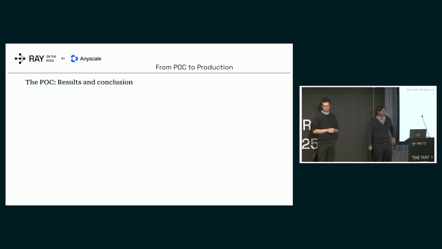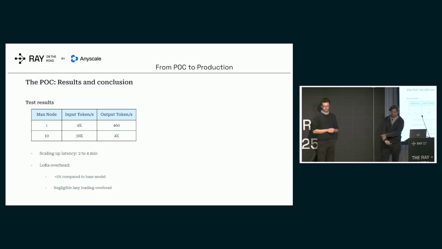So the results were promising. We tested firstly with one node. We had 4,000 input tokens per second and more than 400 output tokens per second. And when we increased the maximum number of nodes, the performance was stable.